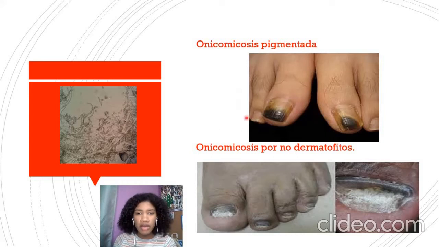We also have a non-dermatophyte mold onychomycosis that we can see as a white superficial onychomycosis or a distal one and a proximal one.